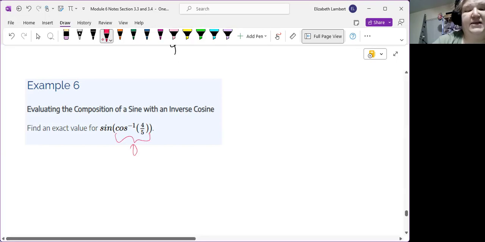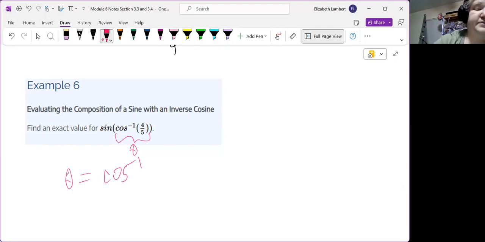So this guy is some angle. So if theta equals the inverse cosine of 4/5, then I can apply the cosine to both sides.